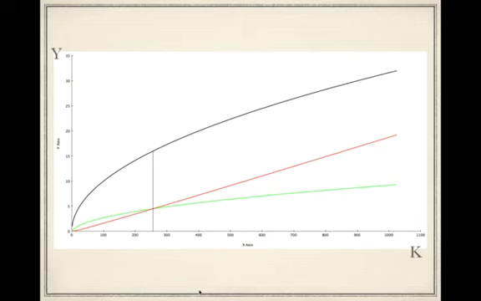Well, now the amount of depreciation would be higher than the number of machines that we are adding. And so we would end up having fewer machines next year, which would mean that dotted vertical line would now move to the left. That would be our next year's level of capital, which would mean our output would be lower than it was this year, which would mean we would see negative growth.